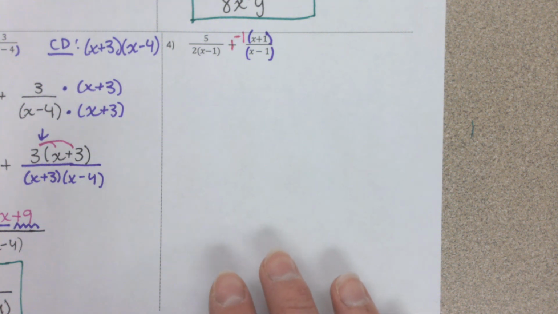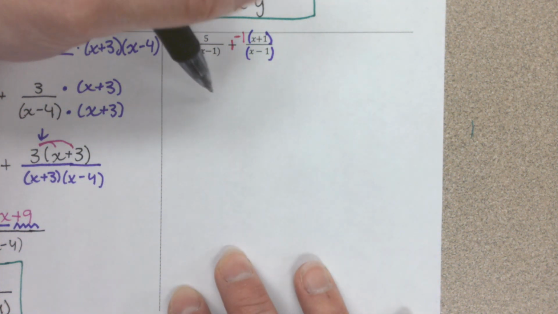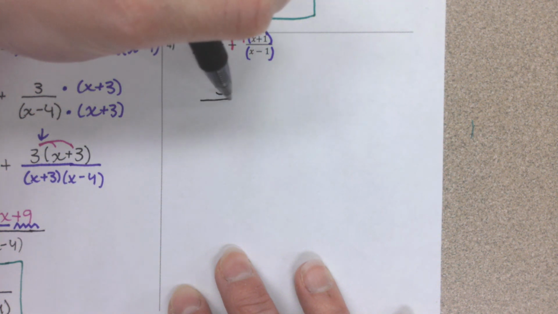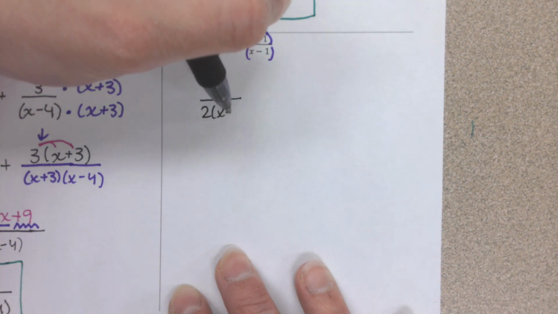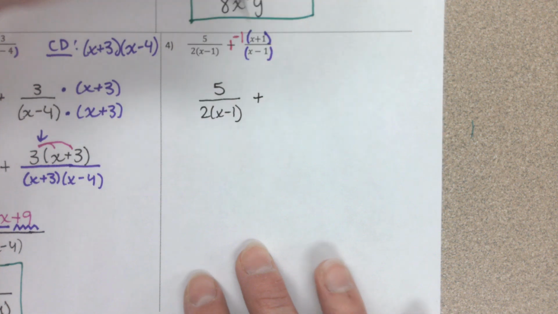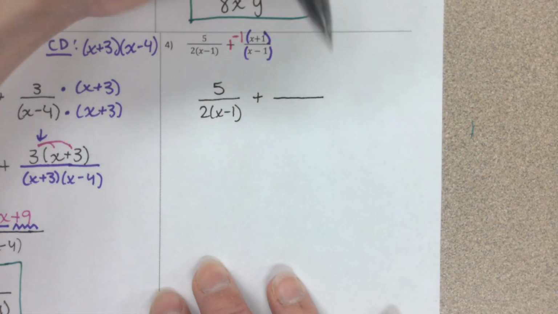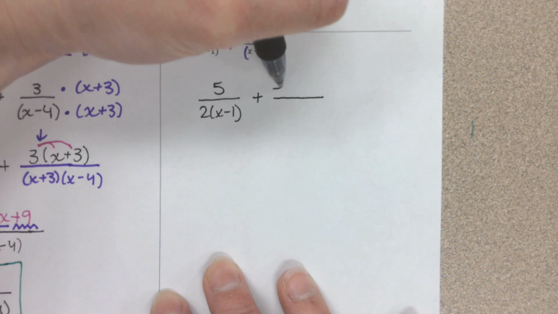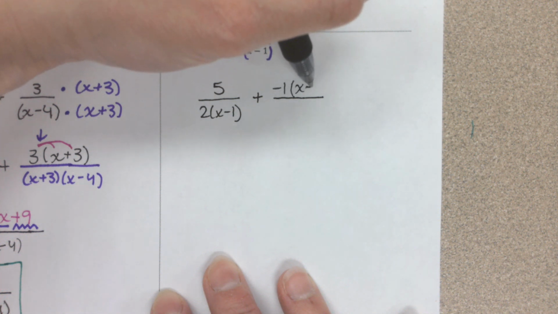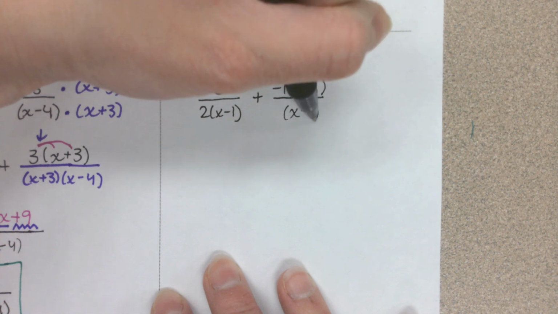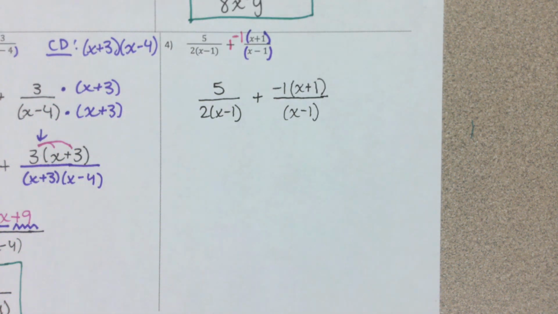To make that a bit more clear, I'm going to rewrite the problem. We have 5 over 2 times x minus 1. This is now a plus instead of a minus. Plus, and then the next fraction, we have that negative 1 on top times the x plus 1 over x minus 1. This is the problem we're solving now.